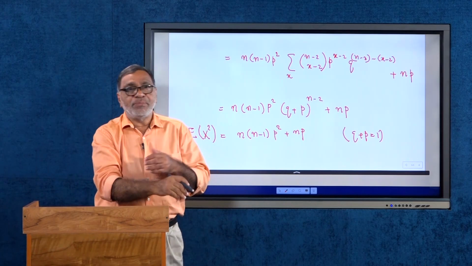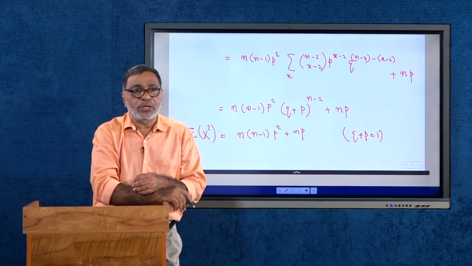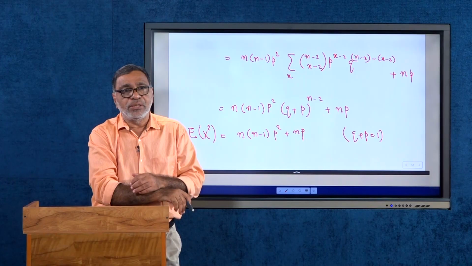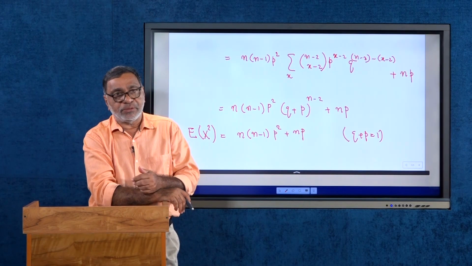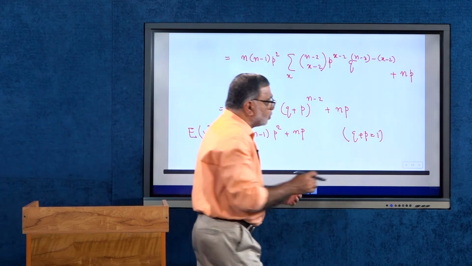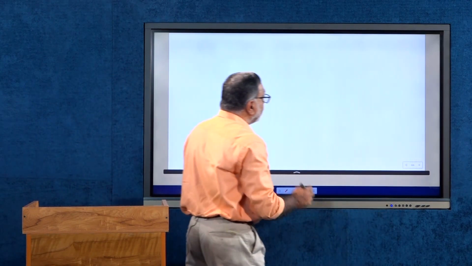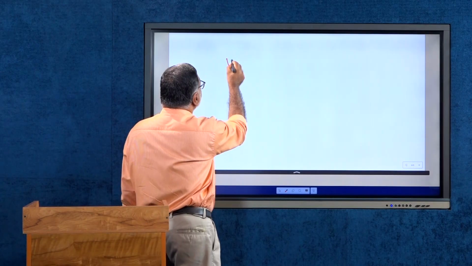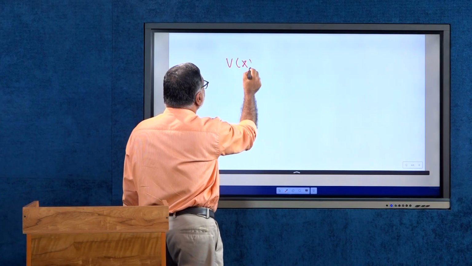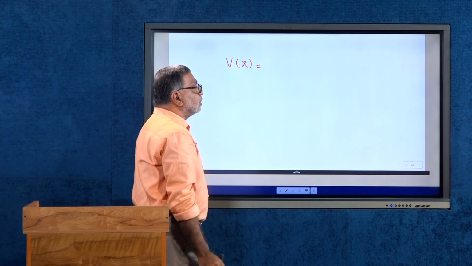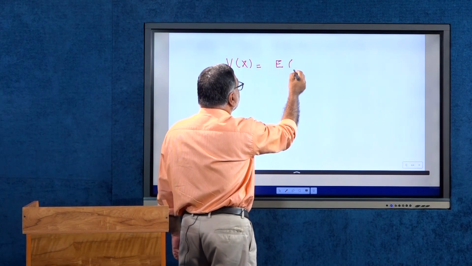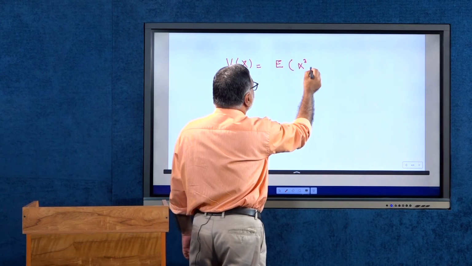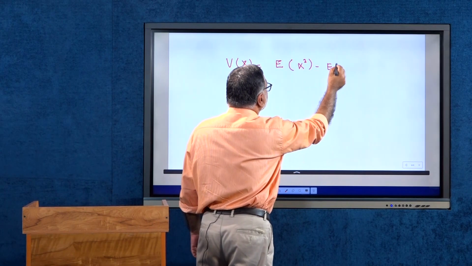So, the second arbitrary moment, expectation of x square of a binomial random variable, is n into n minus 1 p square plus np. Now, we are in a position to find the variance of x. Suppose x is a binomial random variable, then variance of x, you know the definition, is expectation of x square minus expectation of x the whole square.